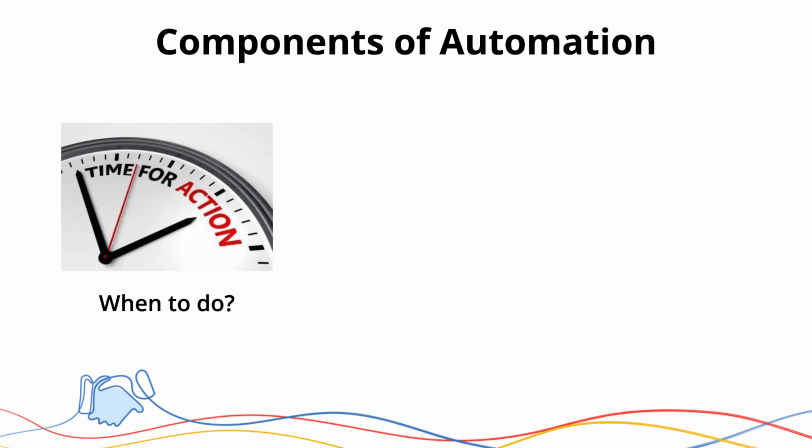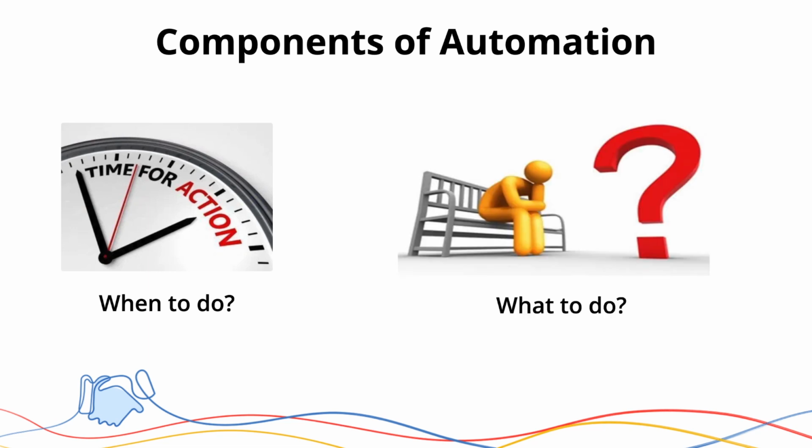Considering the previous example of order management, the email is triggered when an order is being placed, or when a successful addition is being done to the order entry form. So that's the when to do part. And once you provide the trigger point, you will also have to give information on what needs to be done. So that's going to be the second step. You'll have to give the when information and you will also give the what information.